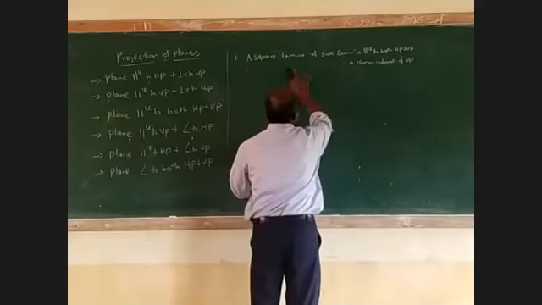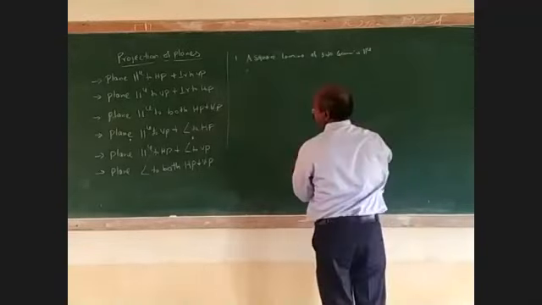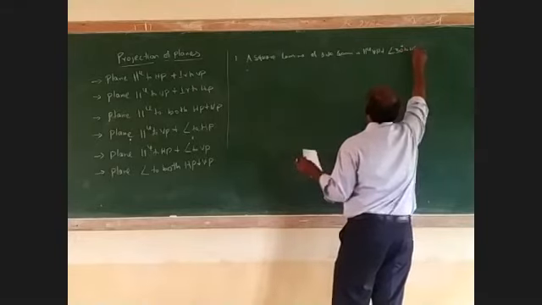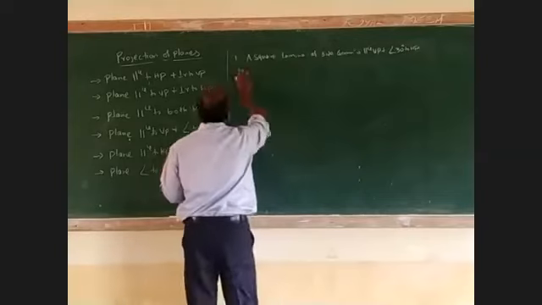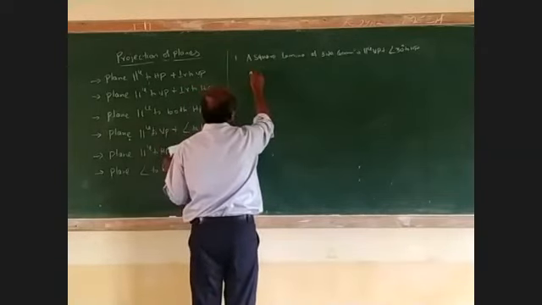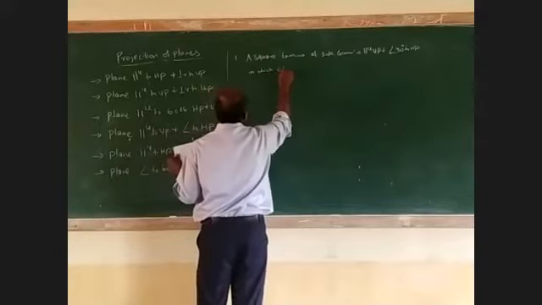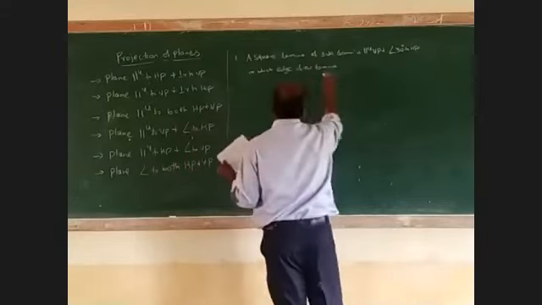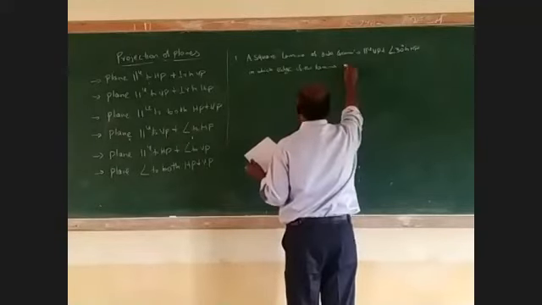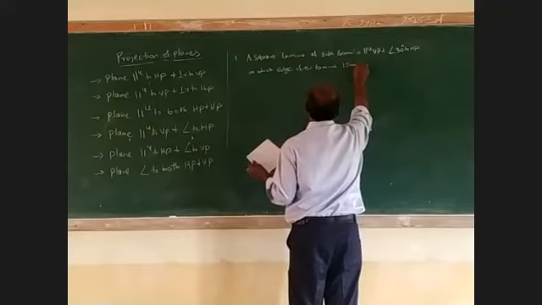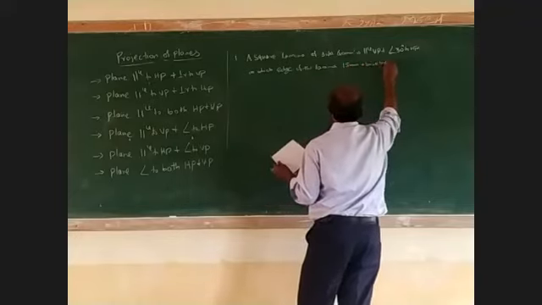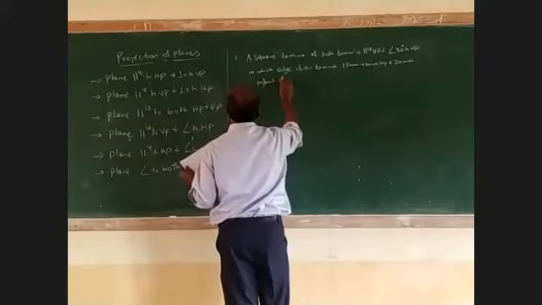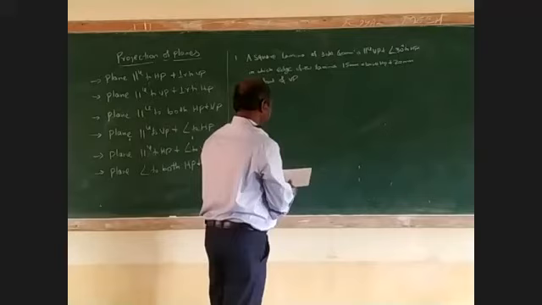You take a square lamina of 40 mm, parallel to VP and inclined 30 degree to HP, in which any one edge of the lamina is 15 mm above HP and 20 mm in front of VP.